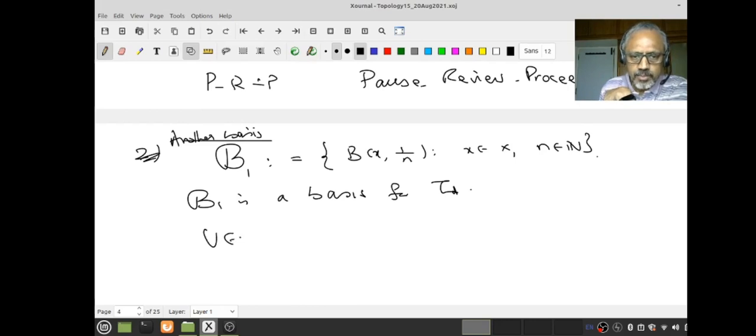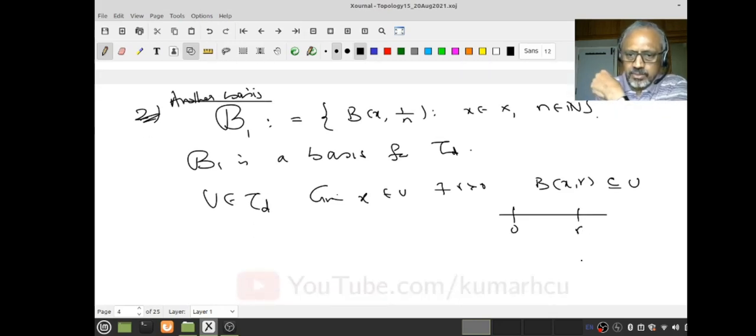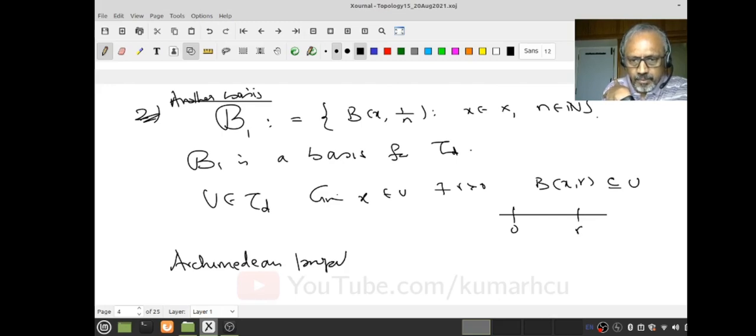Let U be open in the metric topology. Given x in U, I know there is an r positive, so that B(x, r) is contained in U. This r is positive, and there is the Archimedean property, which tells us there exists a natural number n, so that 1/n is less than r, which is the same as saying nr is greater than 1.